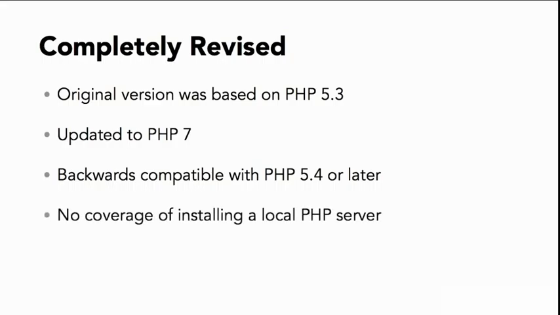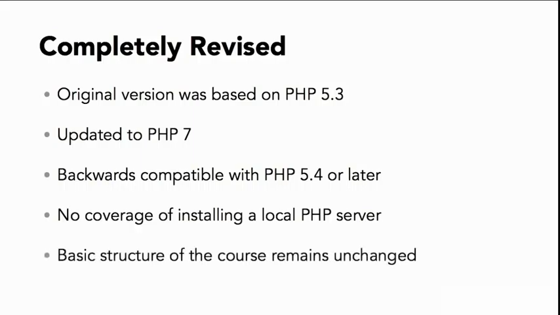This version of the course no longer covers installing Apache, PHP and MySQL, because David Gassner's course of the same name goes into that subject in far greater depth and is constantly kept up to date. However, the basic structure of this course remains unchanged, so you can easily pick up this version if you are halfway through the original one.